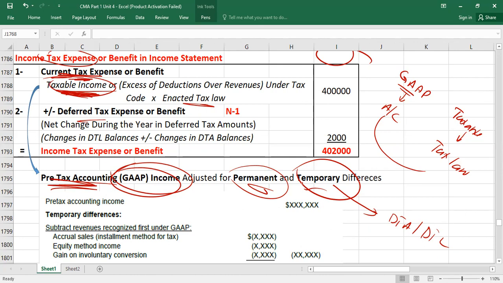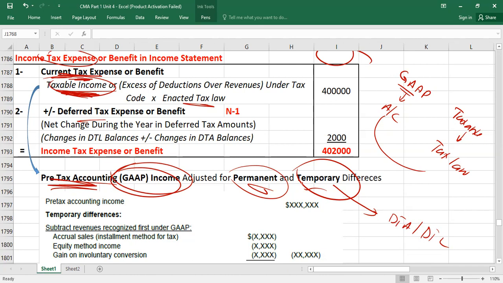And what are temporary differences? If it is recorded in accounting, it will be recorded in tax also, but timing could be the difference. Or if it is recorded in tax, it will be recorded in accounting also, but timing could be the difference. That is temporary. Deferred tax assets or liabilities will arise due to what? Temporary difference or permanent difference? Temporary differences. I still haven't explained the definition of deferred tax.